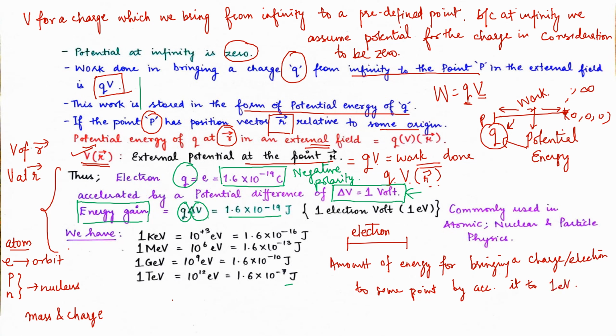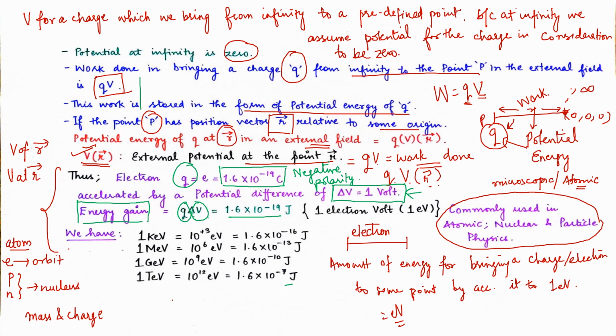So this is how it is defined: the amount of energy for bringing the electron from some point to the predefined point by the acceleration produced by the potential difference of 1 volt. This gives us the electron volt definition, and it is used for the smaller world, for microscopic or atomic studies. We will read it clearly when we start the atoms and nuclei chapter.